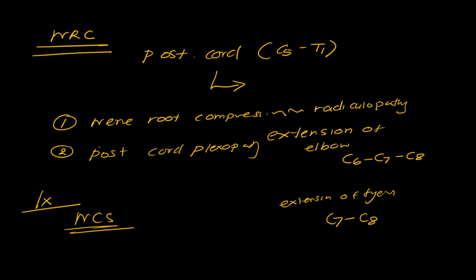Now there are sometimes even strokes that would lead to the manifestation of wrist drop, but in this case, usually it is unilateral, and we would appreciate that there will be other signs as well, depending on the location of the stroke.